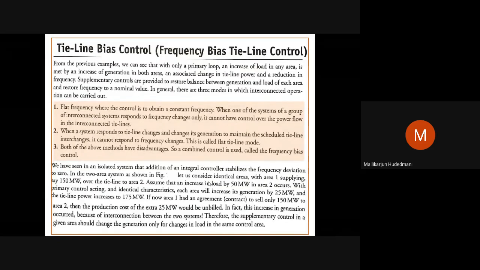Now look back at the AGC. What is the objective of AGC? The automatic generation controller is simulated or installed in a power system to see that active power balance and frequency are appropriately maintained. It has two objectives: active power balance, as well as frequency to be at the set value. So in this flat frequency mode, there is a compromise.